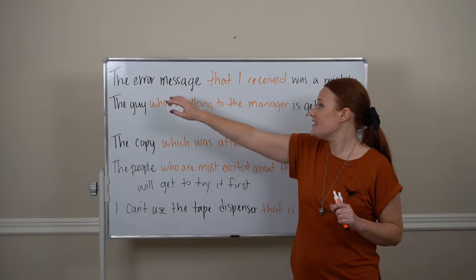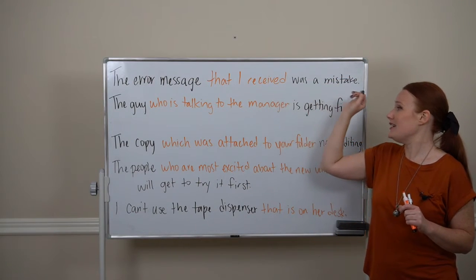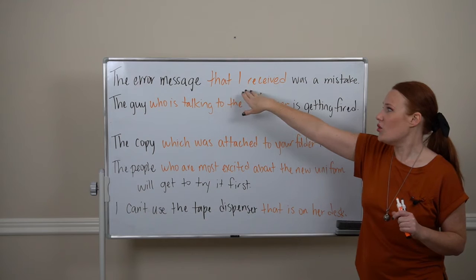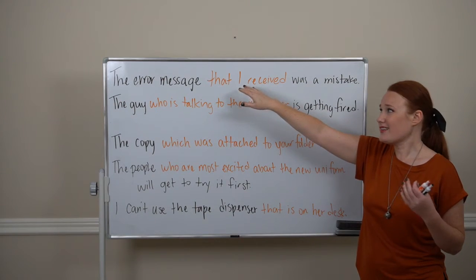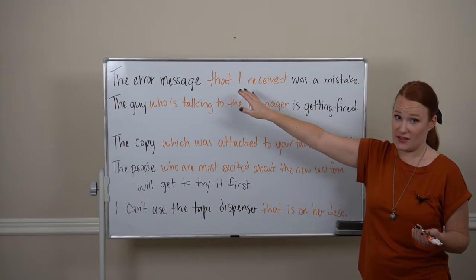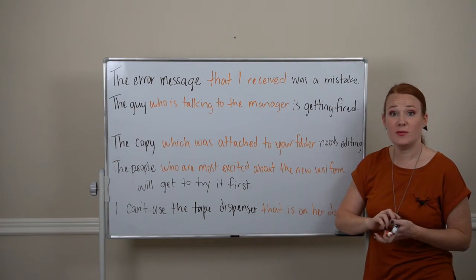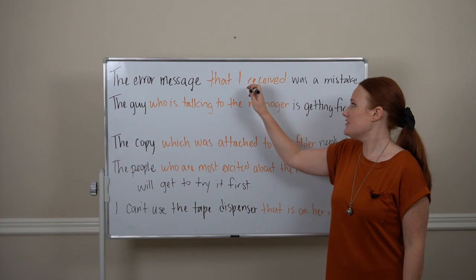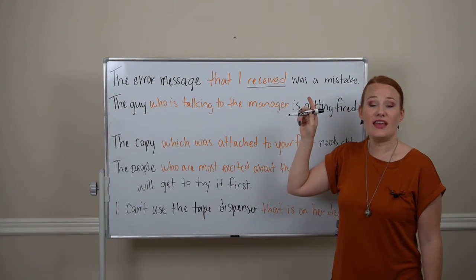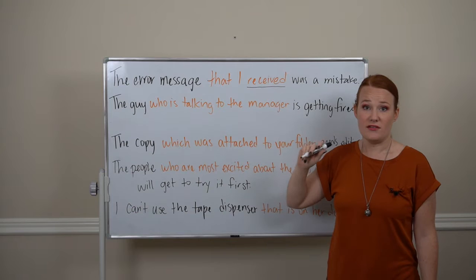So my first sentence here, the error message that I received was a mistake. This orange relative clause here is an object clause, not a subject clause. How can you find that out? Look for the verb. In our relative clause, the verb is received. Then look at the word before the verb.